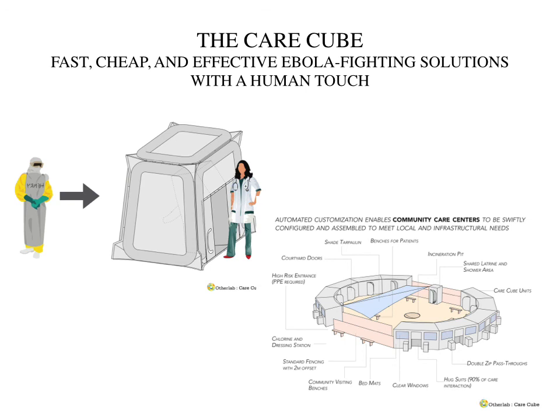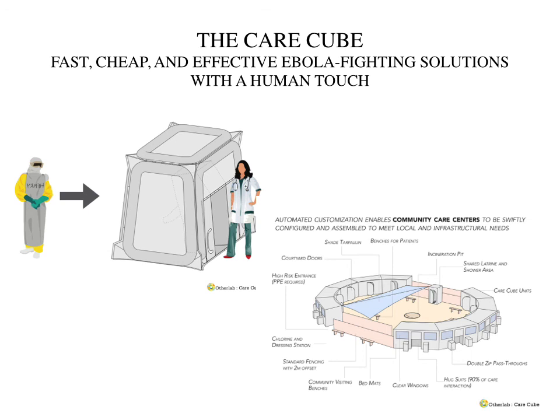The Care Cube reduces the scare factor with an aesthetic that's a lot less Star Wars and a lot more going camping or kids' birthday bouncy house. Transparent windows let loved ones see their family members receiving treatment rather than simply wonder where they've been taken.